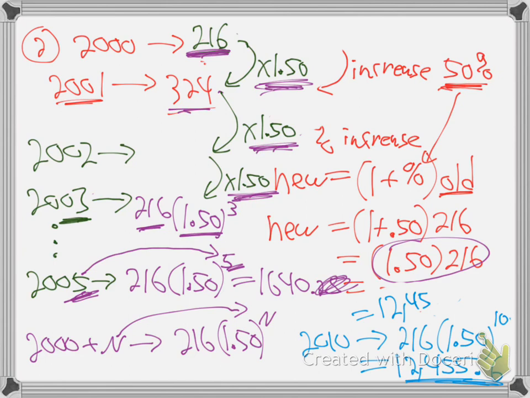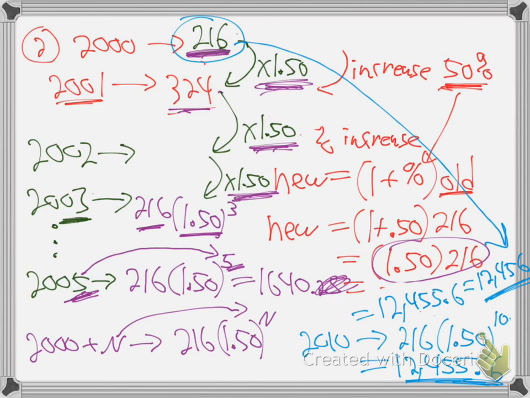And so 0.6, we round that up, 12,456. Think about what's happened in Happyville. 216 crimes in 2000 goes up 50% every year. 10 years later, 12,456 crimes. We need Batman.